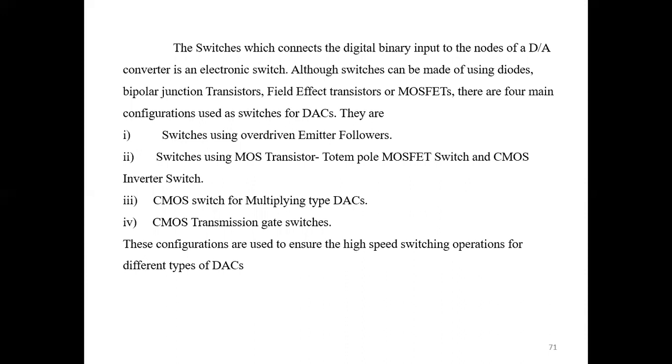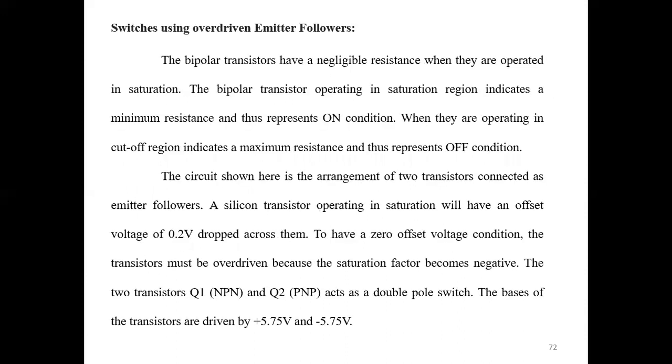They are switches using emitter follower, switches using MOS transistor totem pole MOSFET switch, and CMOS inverter switch. CMOS switch for multiplying type DAC, so CMOS transmission gate switches. These configurations are used to ensure high-speed switching operations for different types of DAC.